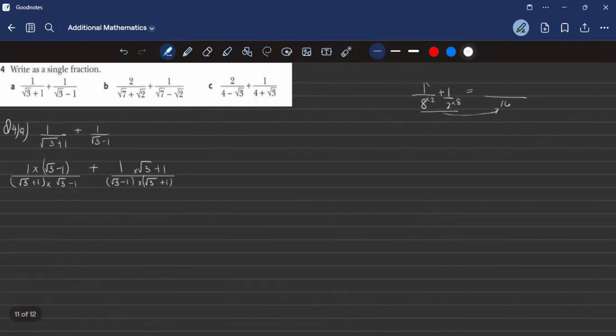So 8 twos is 16, so we multiply it by 2. And 2 eights is 16, so 1 multiplied by 8. So 2 plus 8, that's 10, divided by 16. So 2 fives are 10, 2 eights are 16. Again, we are getting the same answer as we did in the LCM method. So that's another method to find out the single fractions.